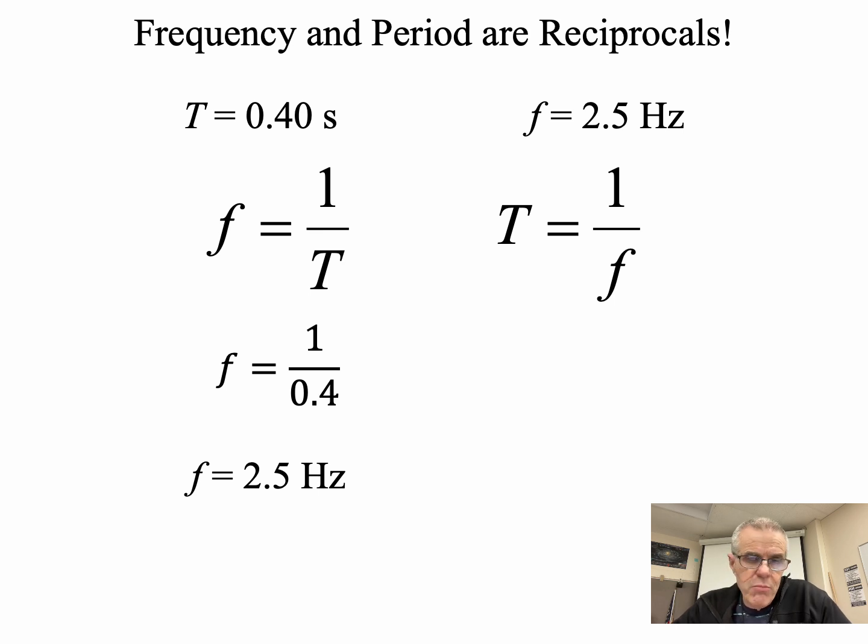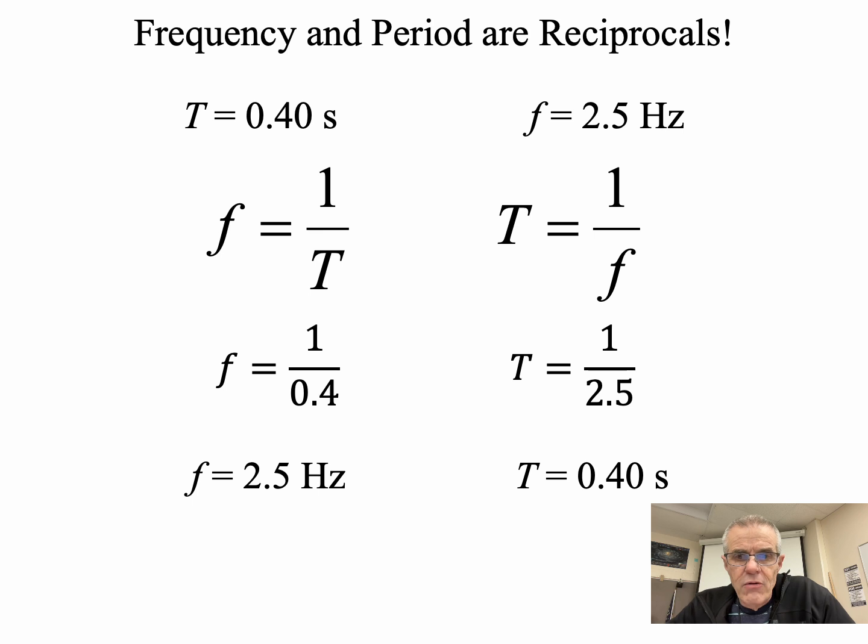So 1 divided by 0.4 is equal to 2.5. Or if you took 1 divided by the frequency, 1 divided by 2.5, that would give you the period, 0.4 seconds. So that sometimes is helpful to be familiar with: frequency and period are reciprocal quantities of one another.